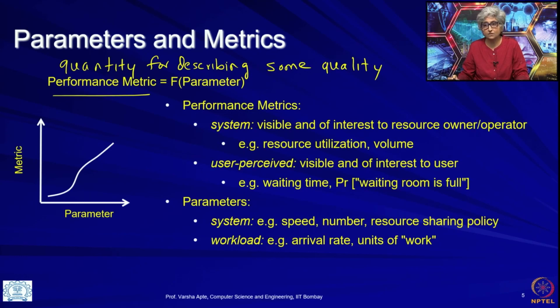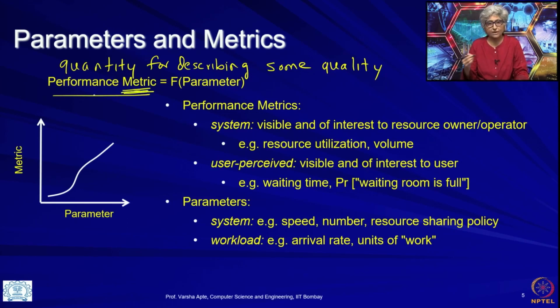Or if you say this person is very strong, that is a qualitative attribute. Then how many kilograms can they lift? Is it 50 kg, 100 kg, something like that bodybuilders can lift, that will be a metric, right, as many kilos as this person can lift. So, it is a quantitative measure for describing some quality, and that is a metric.